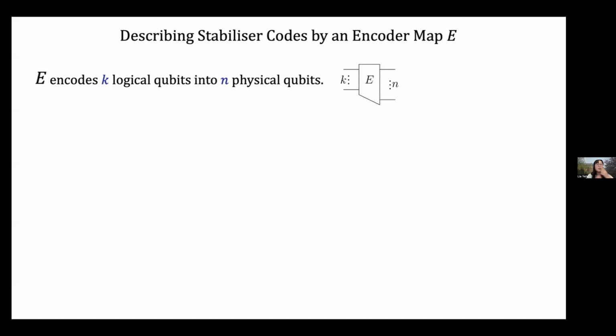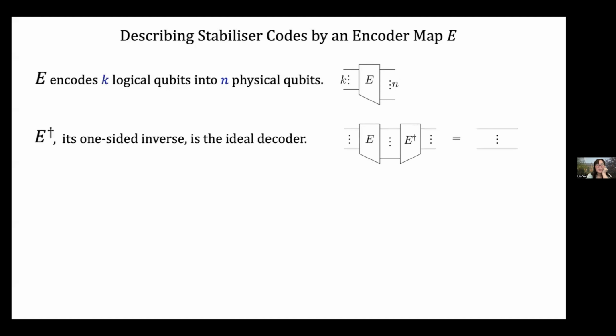So I think of the encoder picture, and this is, I guess, a well-studied, or growing area of interest of study with quantum error correction as well as with ZX calculus researchers, is to look at it via encoder maps. So this encoder map E for a code, you could have many choices, but for that code, describes how certain k logical qubits are encoded into n physical qubits.